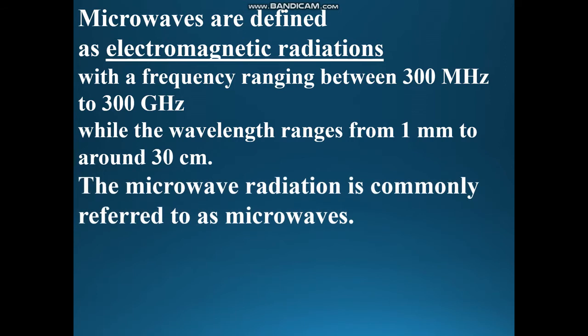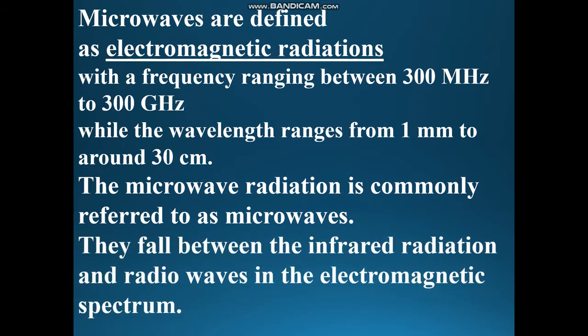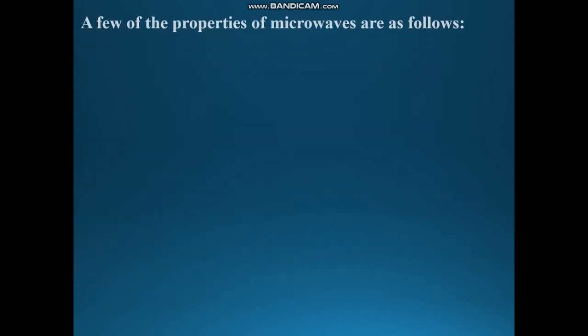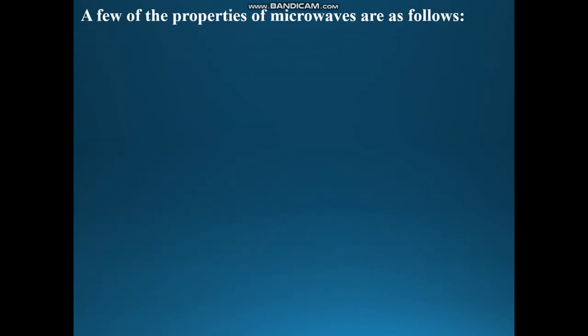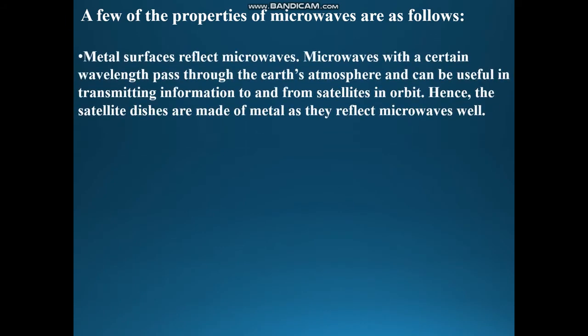The microwave radiation is commonly referred to as microwaves. They fall between the infrared radiations and radio waves in the electromagnetic spectrum. A few properties of microwaves are as follows.